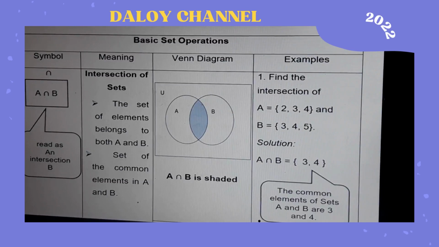So for example, using the same sets, A is 2, 3, 4, and B is 3, 4, and 5. So A intersection B, we have 3 and 4 as the common elements.